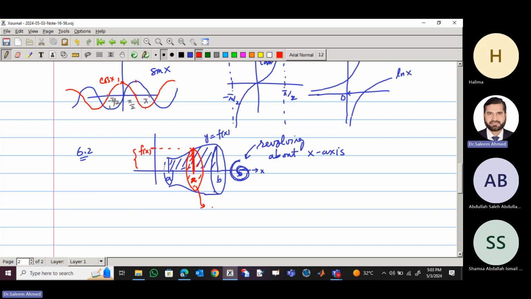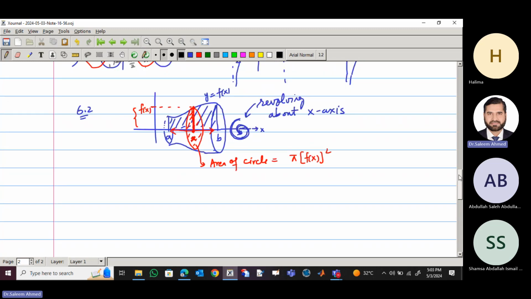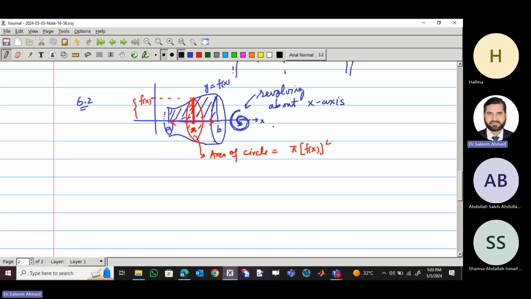So this is the area of a circle. The area of this red circle will be pi radius squared. The radius is f of x, so pi f of x squared. Now you have to add all these areas from a to b, as x goes from a to b. That's how you can remember the formula, but it will be written in your paper as well.